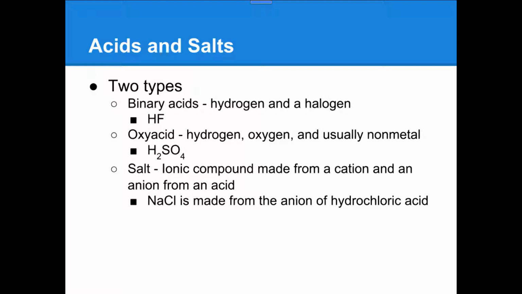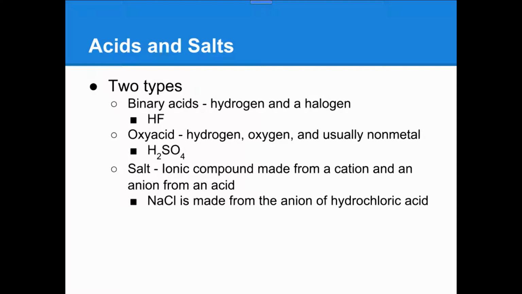That's your fluorine and your chlorine and your bromine and so on and so forth. So I gave you the example here in your notes of HF. So binary acids, remember the prefix bi means 2, so just 2 types of elements are combined here. Always a hydrogen, and then the second is always going to be a halogen, always something from group 7.